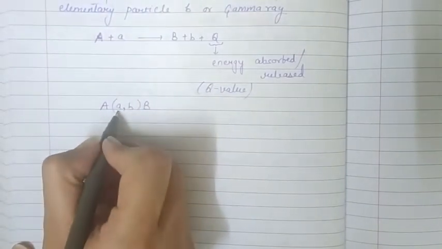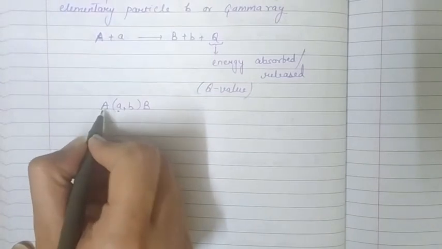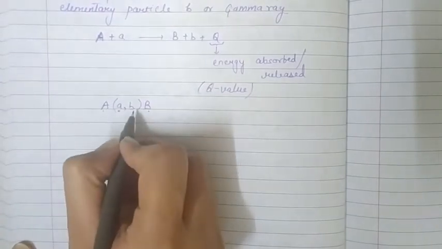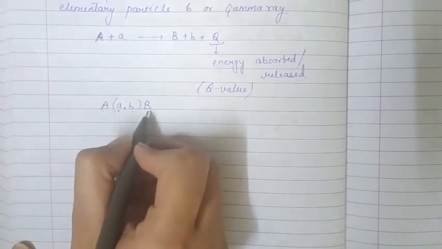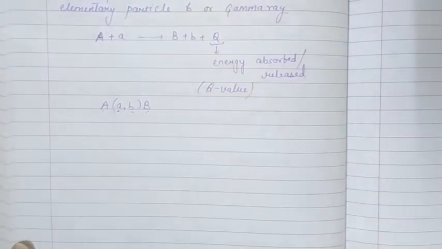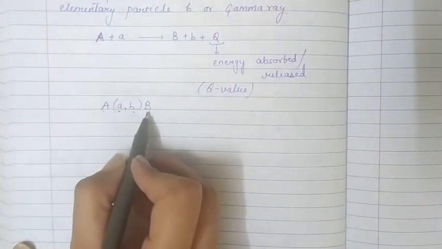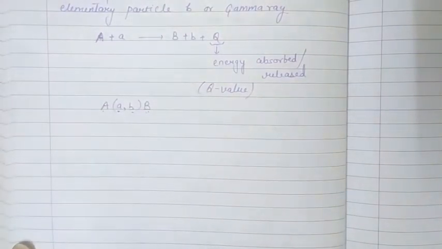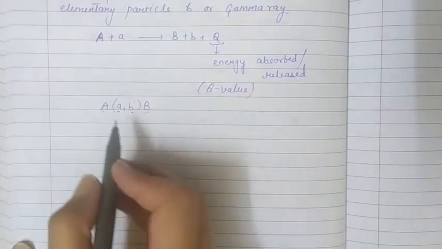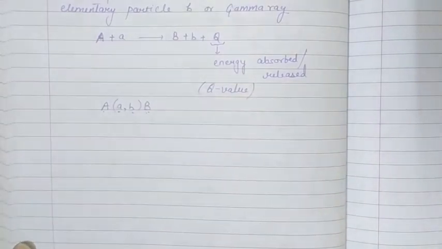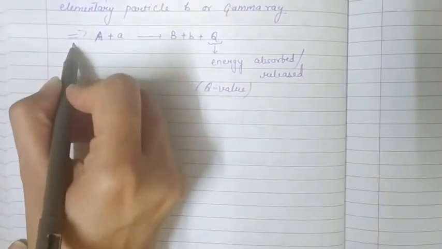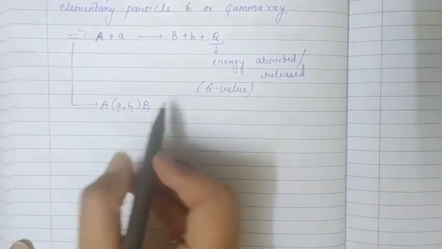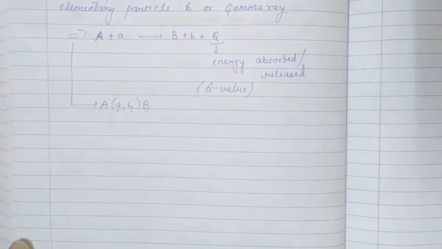That means when we make small a incident on capital A, it converts into capital B nucleus with an output product of small b. In the product, capital B represents the new nucleus, while small b represents the new elementary particle. This is the same equation for a nuclear reaction.